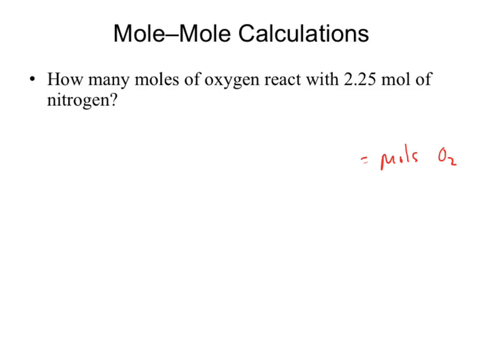What do we start with? Moles of nitrogen. Somehow in the course of this reaction, what do I need to do? I need to convert nitrogen into oxygen. How do I do that conversion? A ratio that comes from an equation.